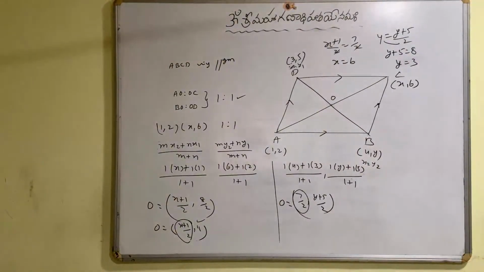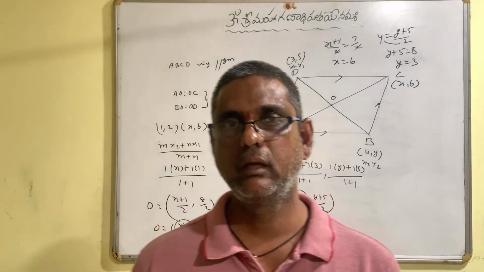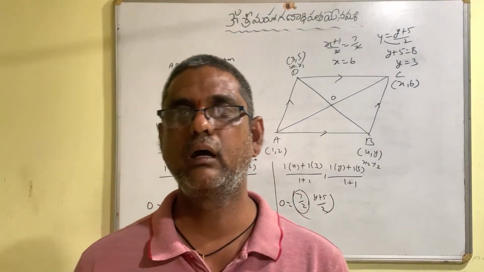But I can see only 26 students have joined, even though it was told clearly. So tell them that by tomorrow the coordinate geometry will be done, and don't blame me.